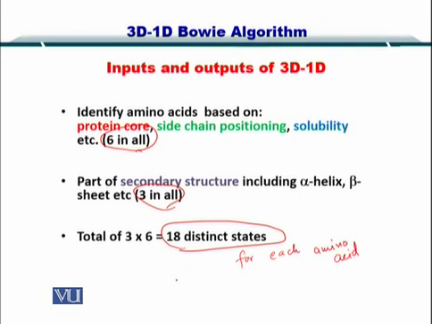So if you have 20 amino acids, then 18 states per amino acid. Therefore 18 multiplied by 20, so you will have about 360 different profiles. Remember that these profiles are one-dimensional now, or simply ones and zeros.